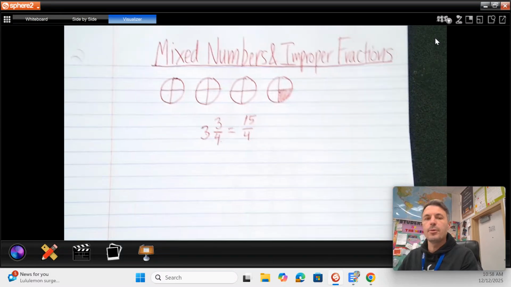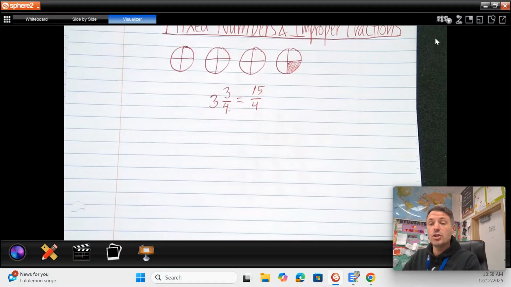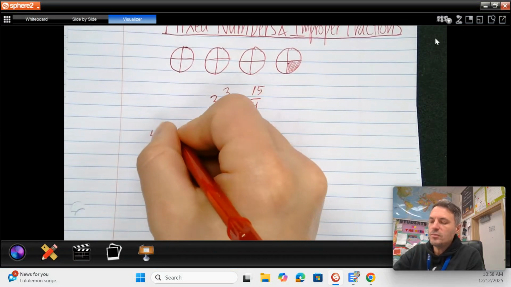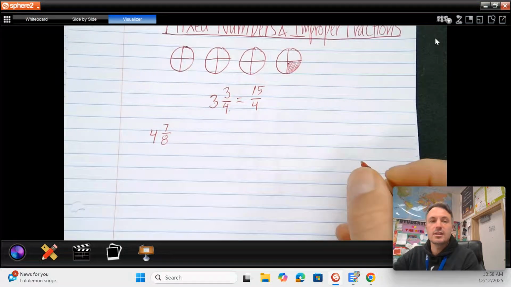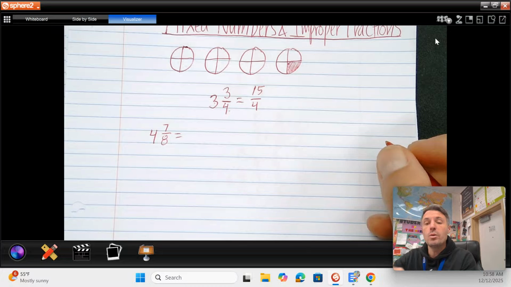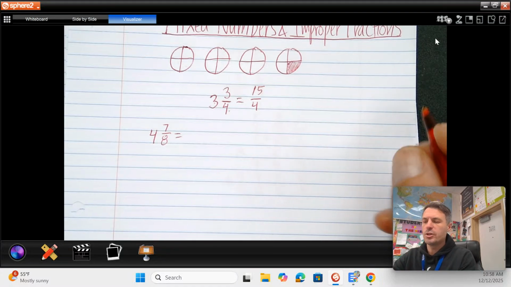Let's do another example of a mixed number. Let's change it into an improper fraction, this time with no picture. Let's say we have 4 and 7/8. We have it as a mixed number, but we want to write it as an improper fraction. Remember, here's what you do.